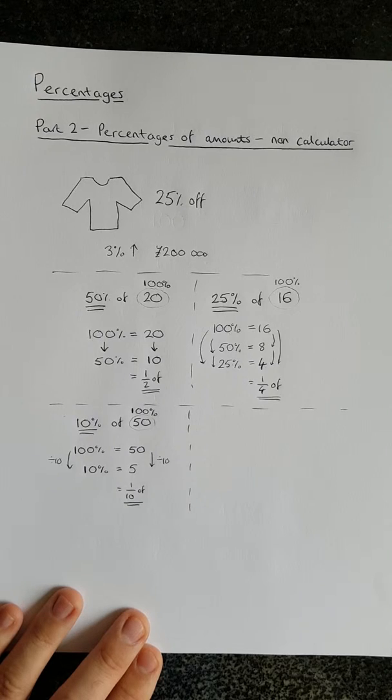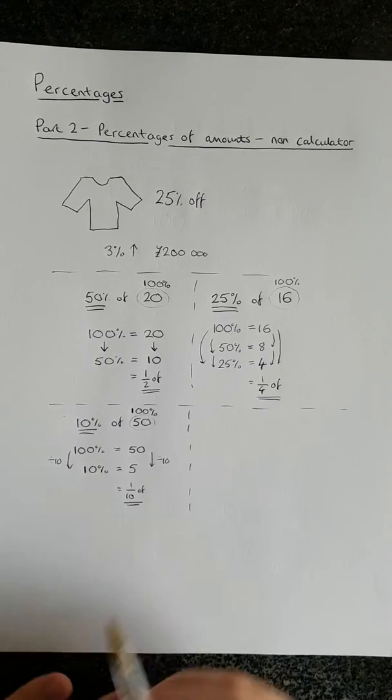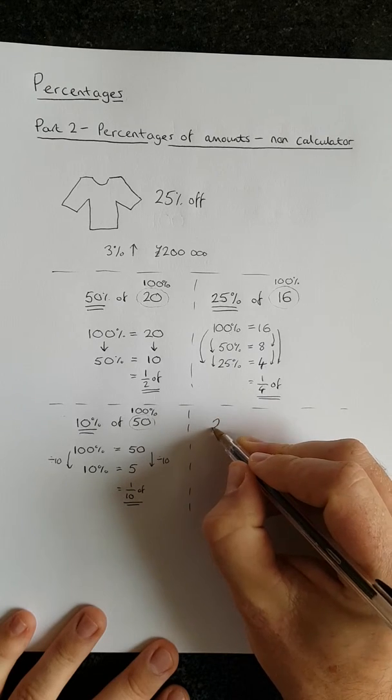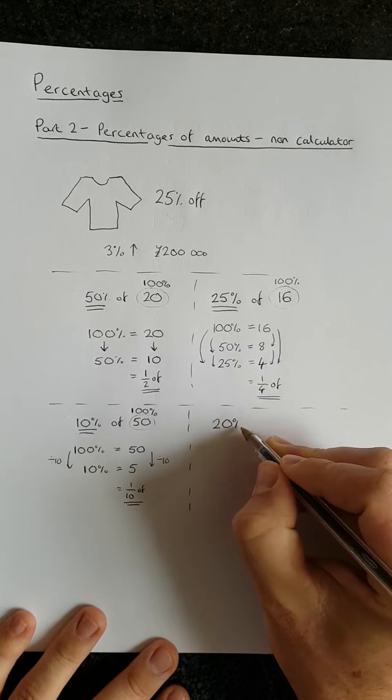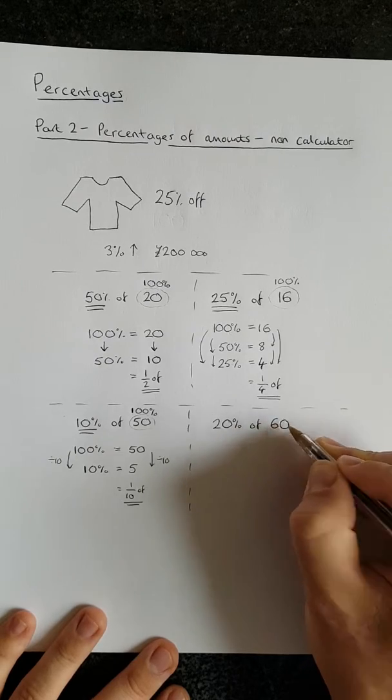Now, let's see if we can use those three results to help us with a slightly trickier one. If you need to pause and write these down at any point, remember to do so. So let's do 20% of 60.